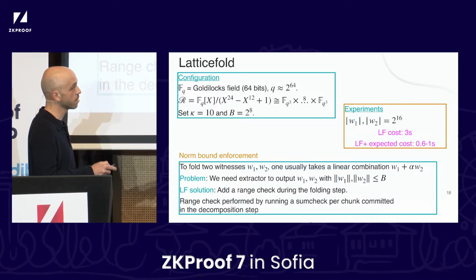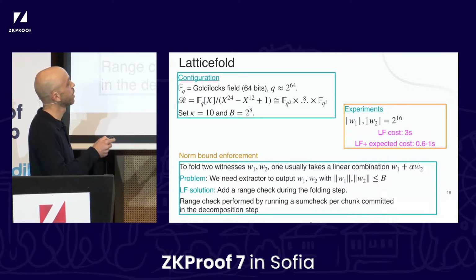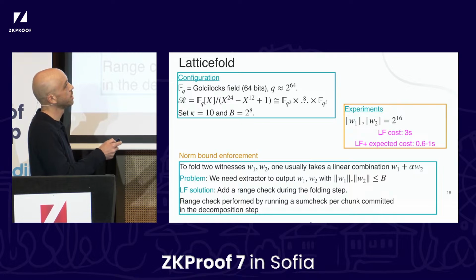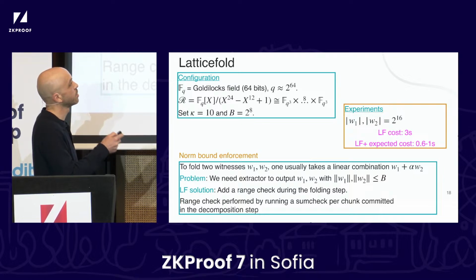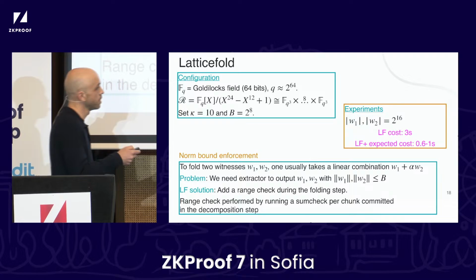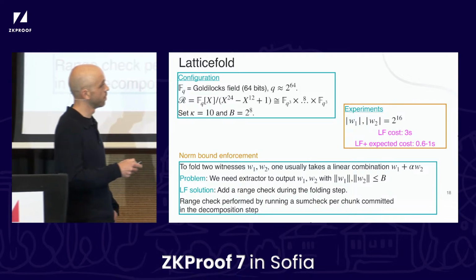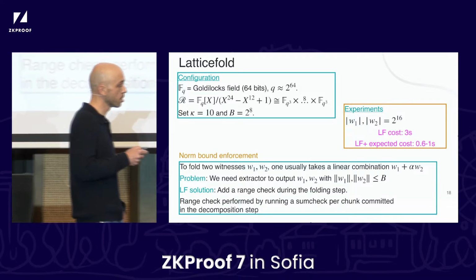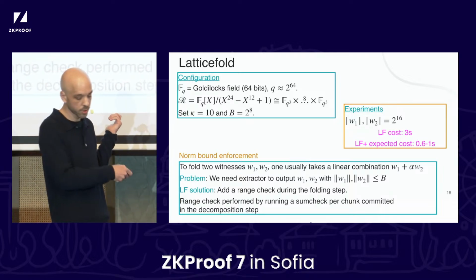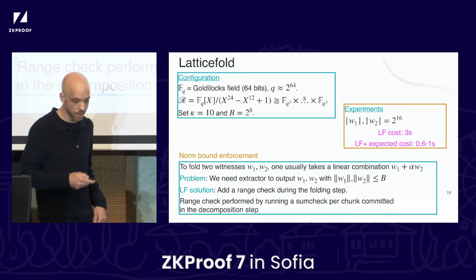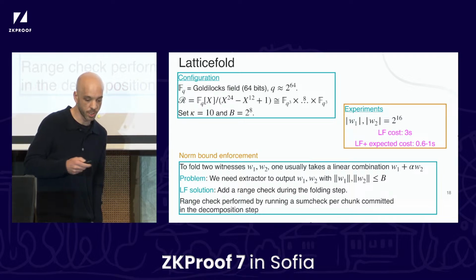Extrapolating some of the costs of running sum check over the ring, which is basically the cost of running 8 sum checks in parallel because of the NTT decomposition, I estimate that the cost of this range check for LatticeFold Plus shouldn't be more than 1 second.